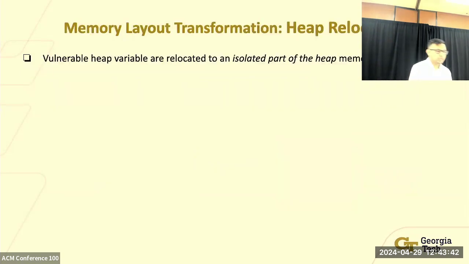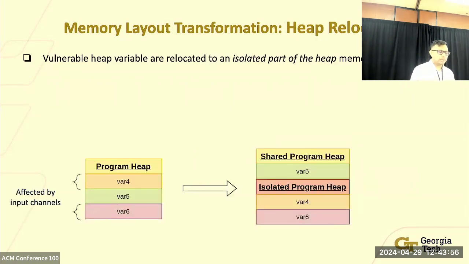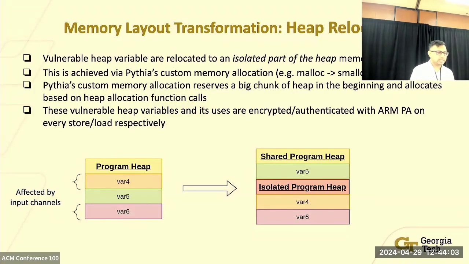Now, for heap relocation: in the heap, you cannot figure out where the array or variable will be allocated, so we can't add canaries. A simpler method was to isolate these variables to a particular part of the heap. So if 4 and 6 are affected by input channels, we put them separately from 5. The idea is that we make our own custom memory allocation.